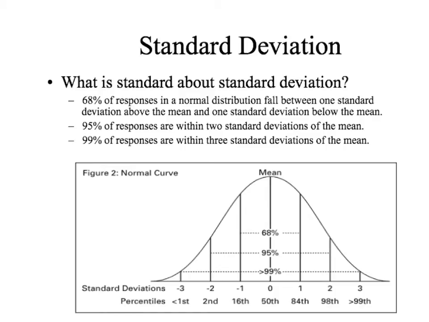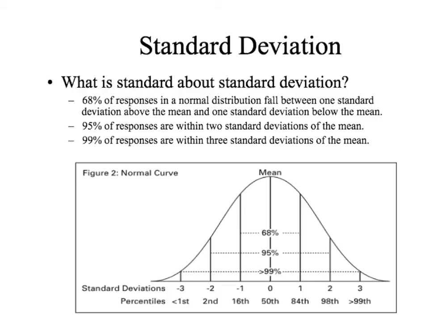What makes it normal is that the mean, median, and mode are all the same, and they're all in the center, which means that if we fold this curve in half, we're going to have mirror images. We have the same amount here as we have here. So what standard deviation does is it takes what we know about the normal curve and gives everything a reference point in relation to the mean.